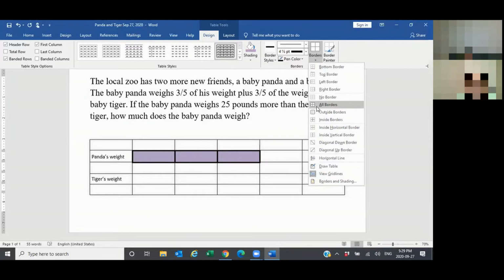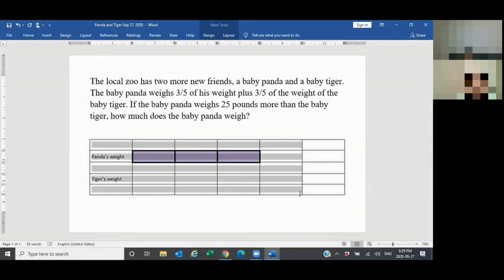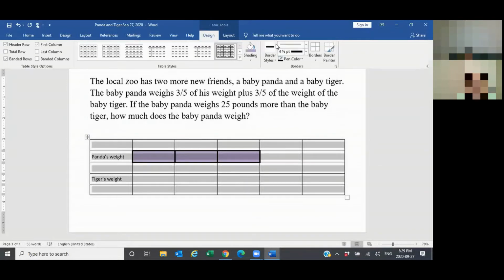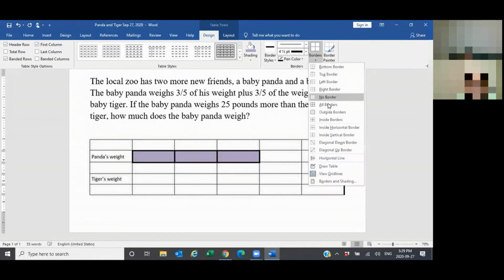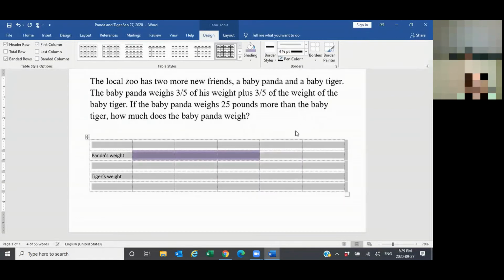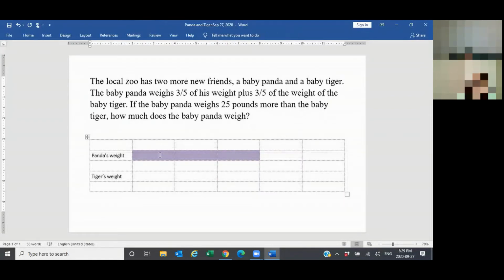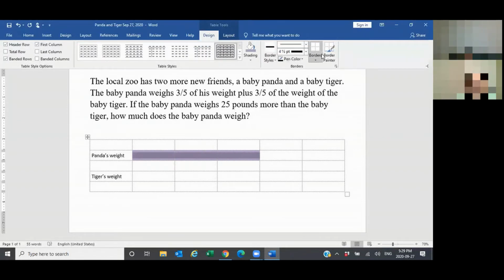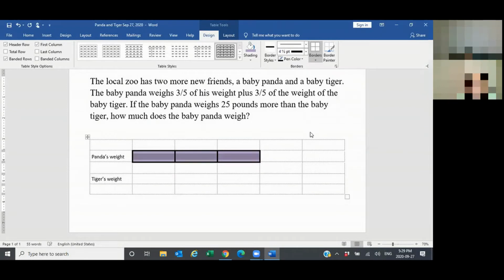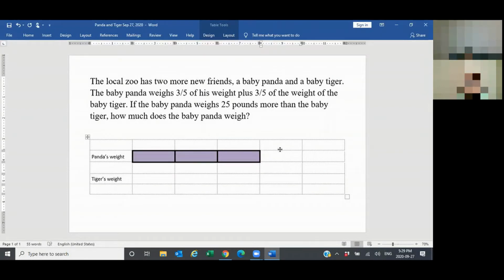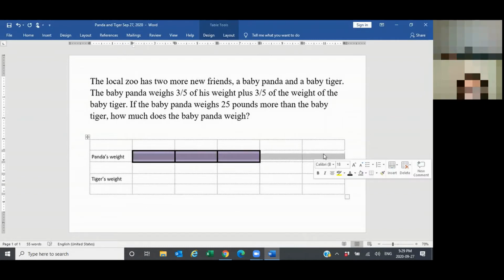It's going to make the borders nicer. And I'll get rid of the borders here. Oh, but I also got rid of that one. Whoops. There. Now, the panda can only have 5 boxes because it's in fifths.